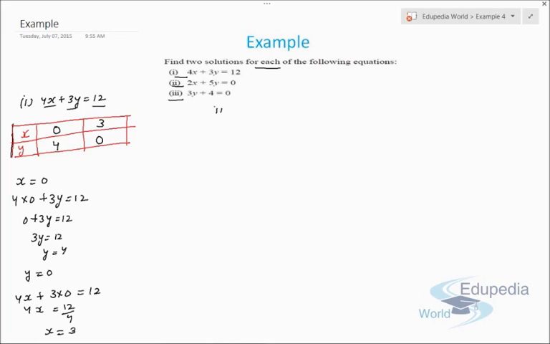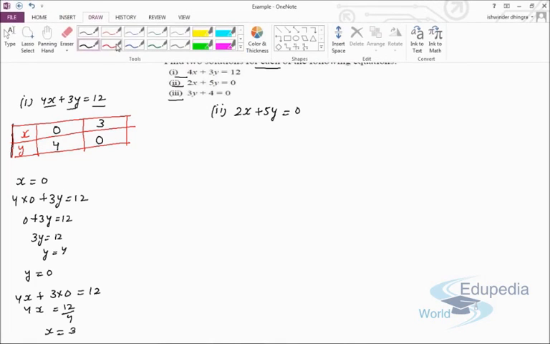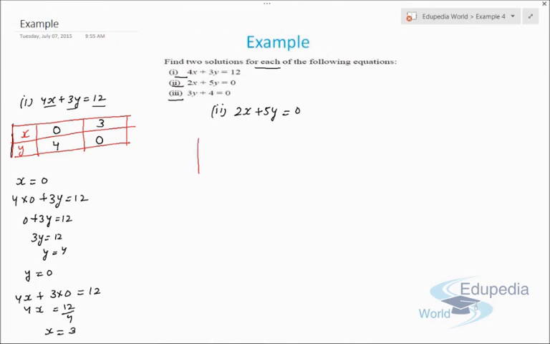Now for the second equation 2x plus 5y equals 0, we again first need to form a box of x and y. So this is x and y. We need two values, so we make only two boxes for this.